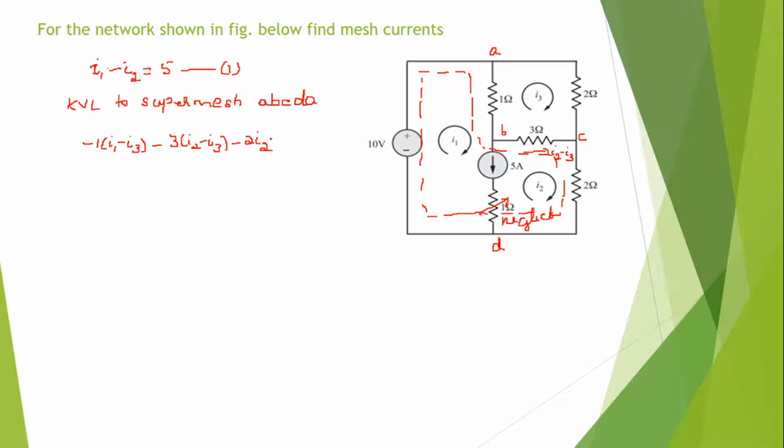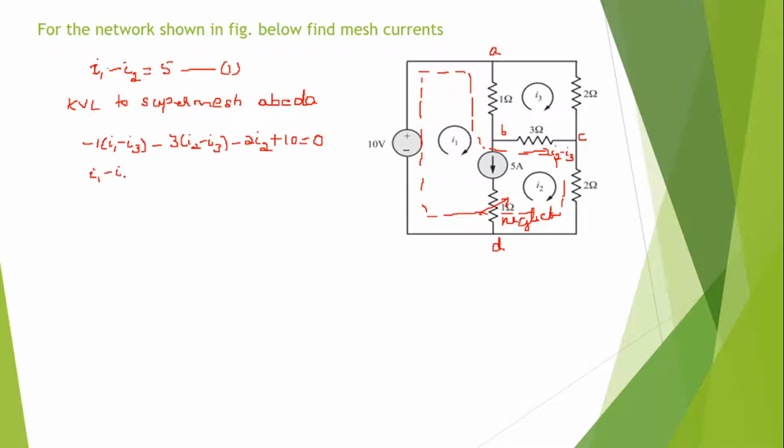So it is plus 10 equal to 0. How do we simplify this equation? All the voltage drops across the passive elements are taken to the other side, and while taking them to the other side, they become positive.